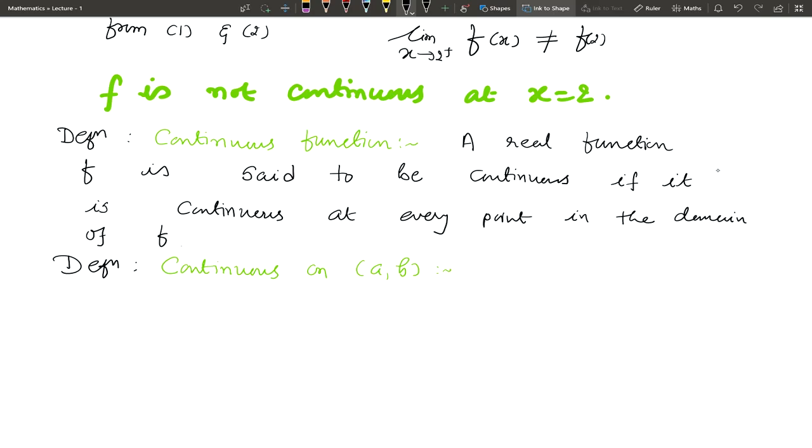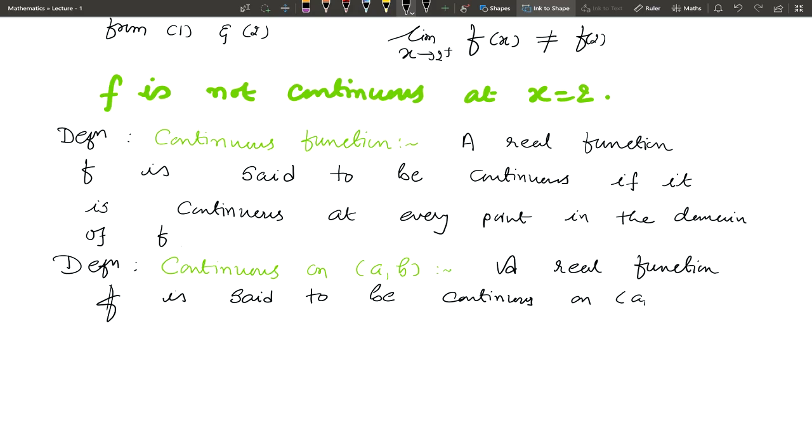A real function f is said to be continuous on open interval a comma b if it is continuous for all x belongs to open interval a comma b.